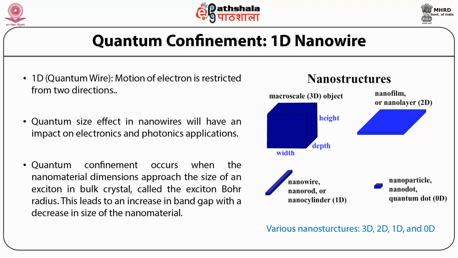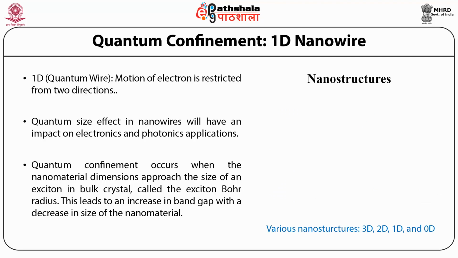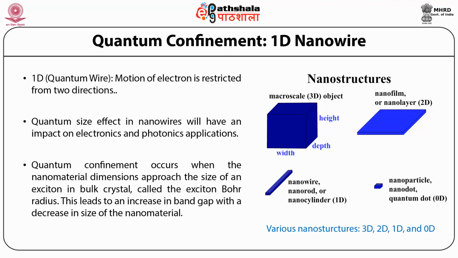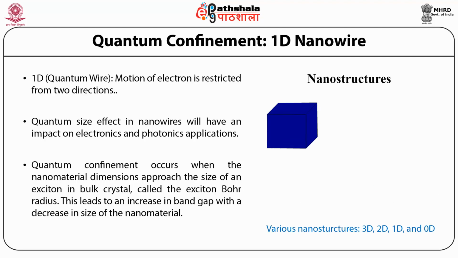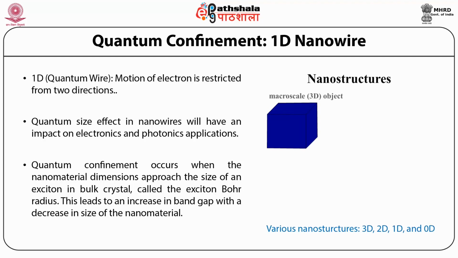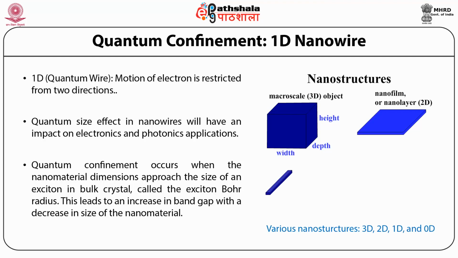As discussed in my earlier lecture, if one dimension is reduced to the nano range while the other two dimensions remain large, then we obtain a structure known as a two-dimensional material or a quantum well. If two dimensions are reduced to the nanometer range and one remains large, the resulting structure is referred to as a one-dimensional material or quantum wire, which is the case in this particular module.